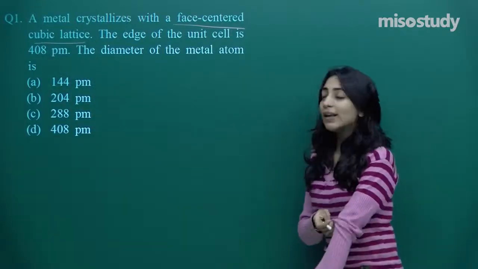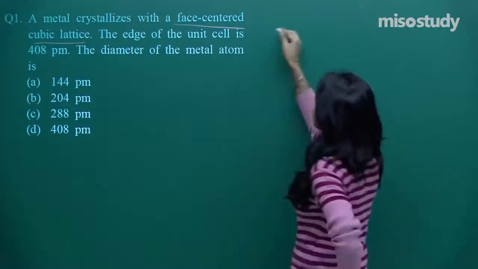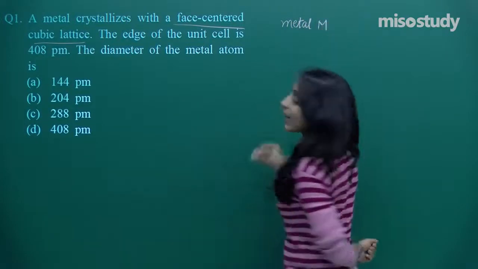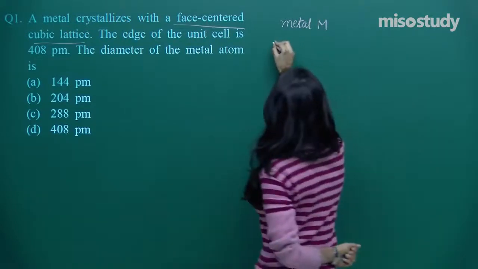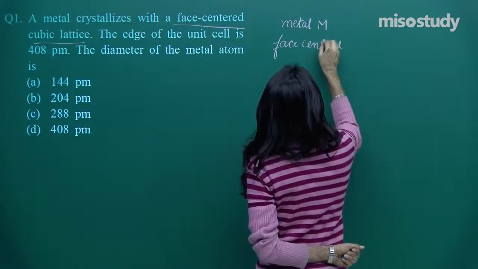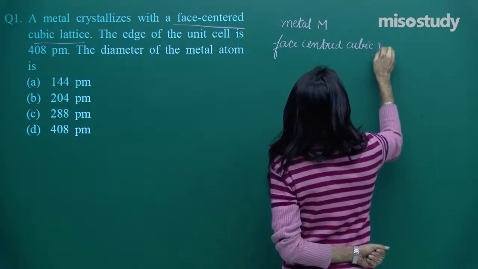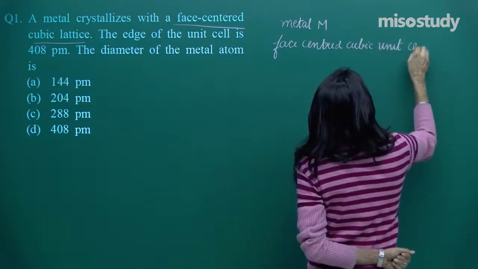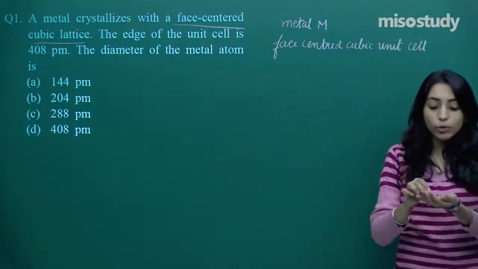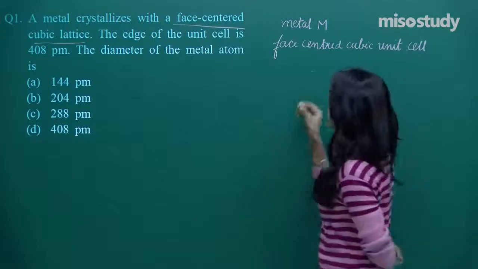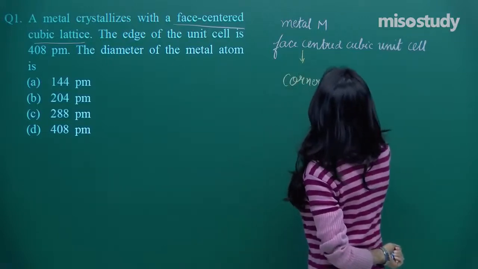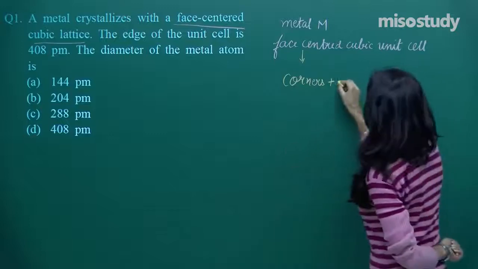So there is a metal M and it is going to be crystallized in a face-centered cubic unit cell. We know, when the atom is crystallized in a face-centered cubic unit cell, it must be having the atoms at the corners plus at the face centers.